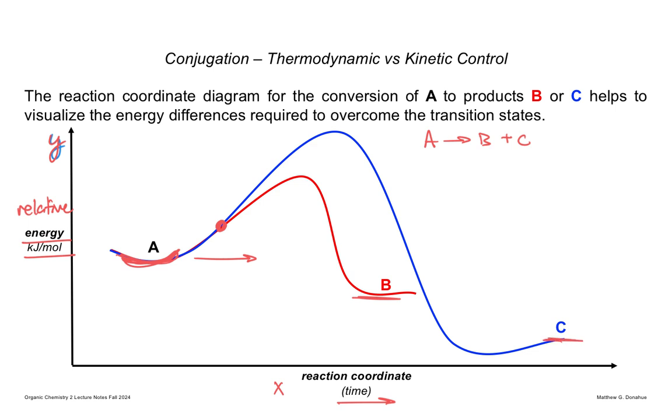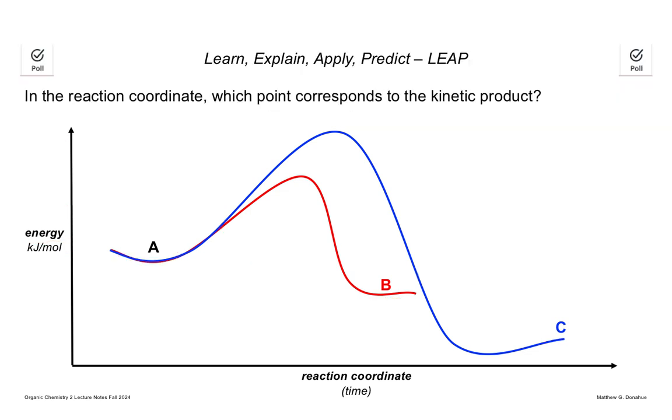With the way you interpret this, C is lower energy and B is higher energy, just qualitatively looking at those curves. So it says which point corresponds to the kinetic product.